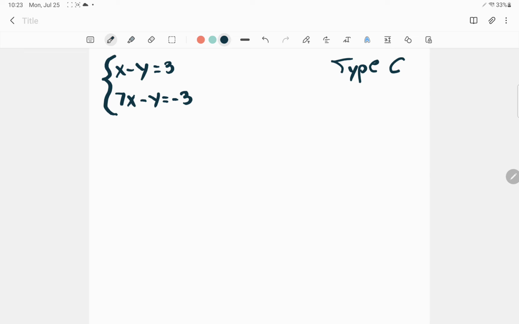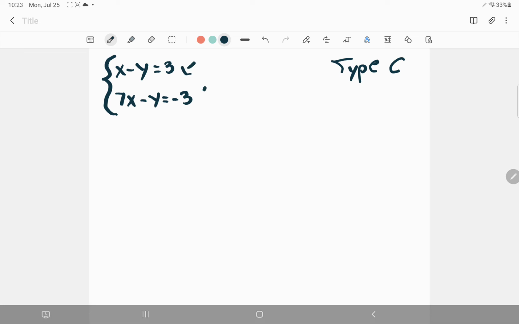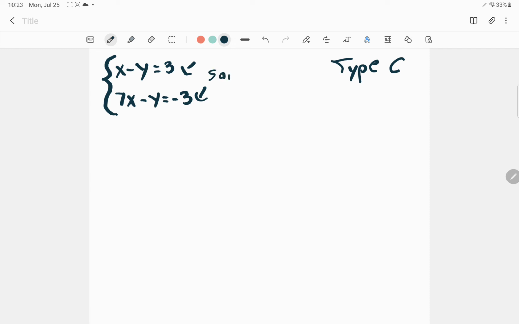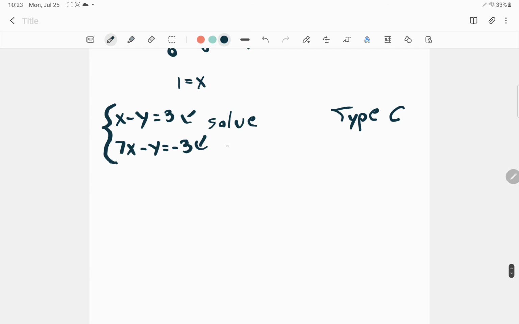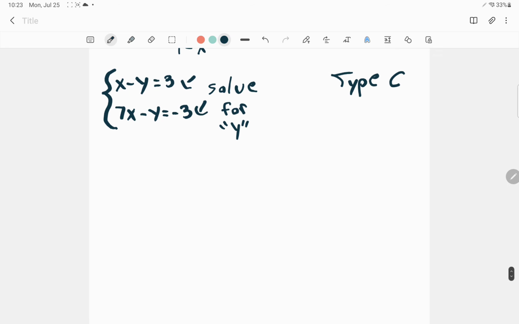So to begin with, you're going to have to solve for y on both of them. I'm going to show you real quick how to do this, even though I already showed how to solve for y before. Minus x. Those two cancel out.